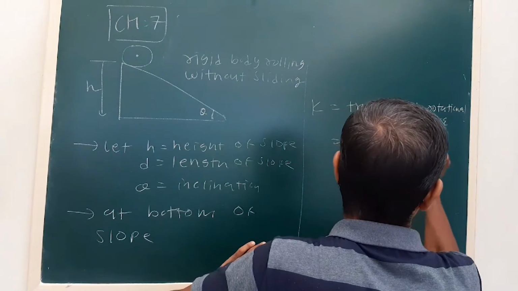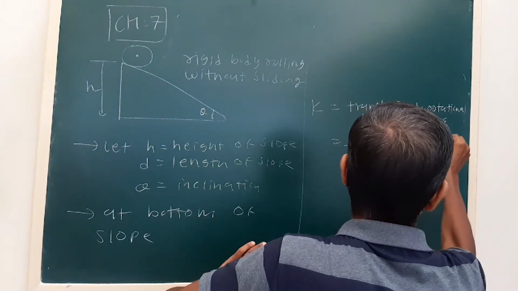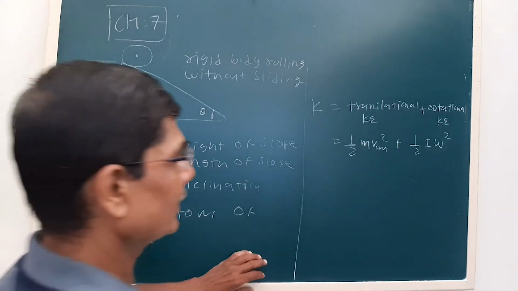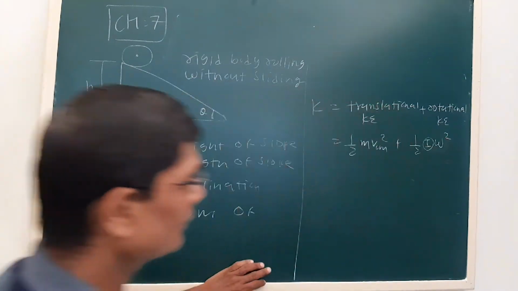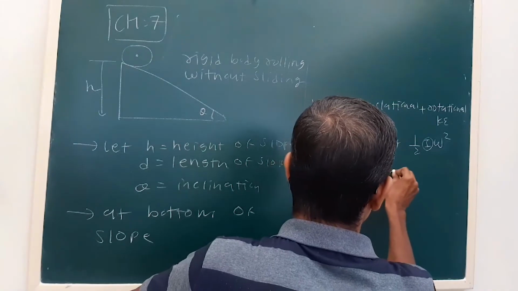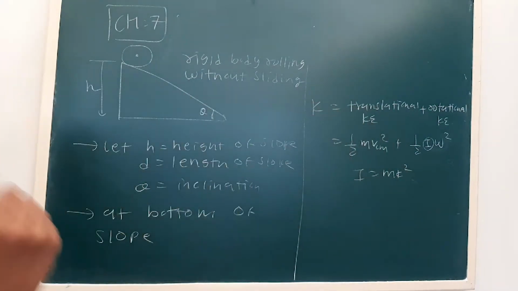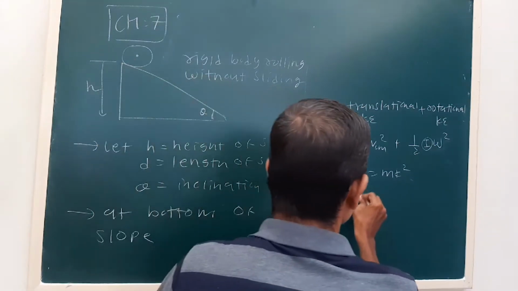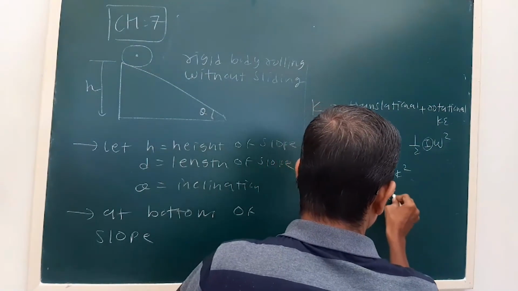And we know the rotational kinetic energy is 1 by 2 I omega square. Now see the relation for moment of inertia: I is equal to m k square. That is known to us. And see, v is equal to R omega.